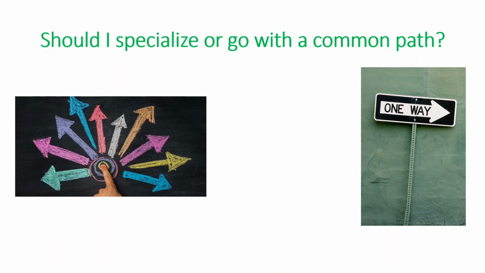For example, if you did IT for the undergraduate, then you can move into software engineering or cybersecurity or data science or any other field with your qualification. But when it comes to data science, it is difficult to move into cybersecurity by specializing in data science. It is difficult to move into software engineering if you do data science for your undergraduate degree. So based on this, you have to decide which one you are going to do.